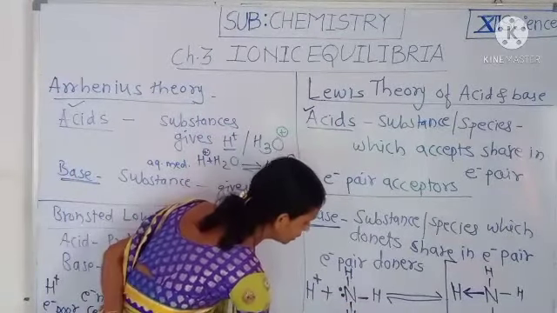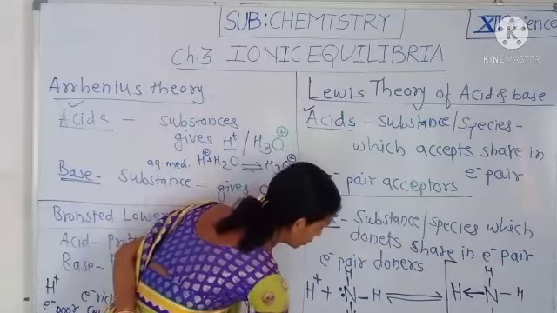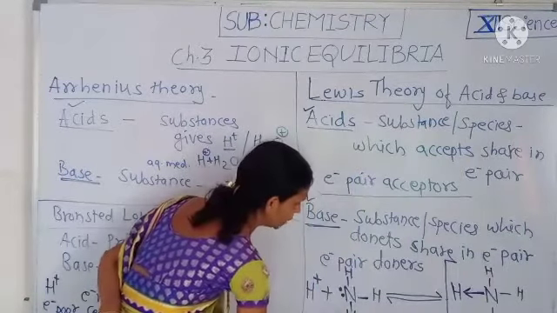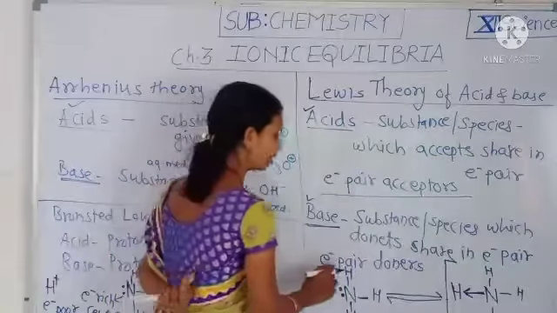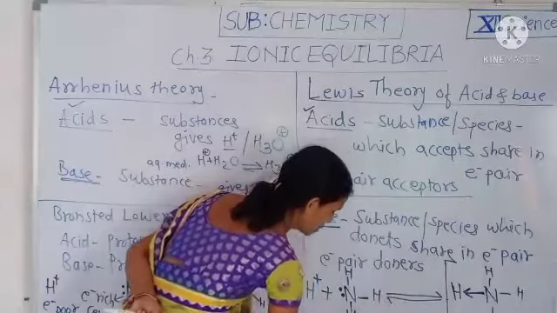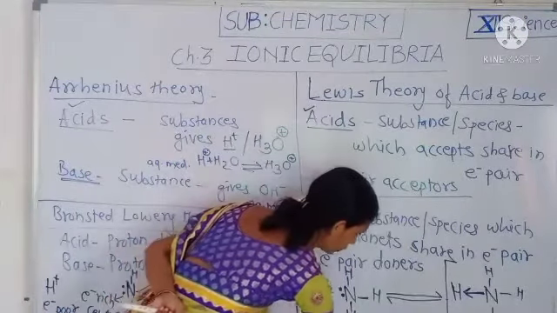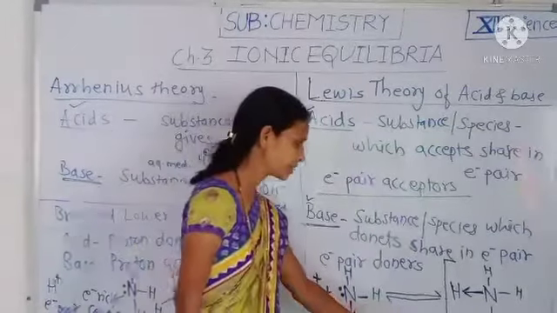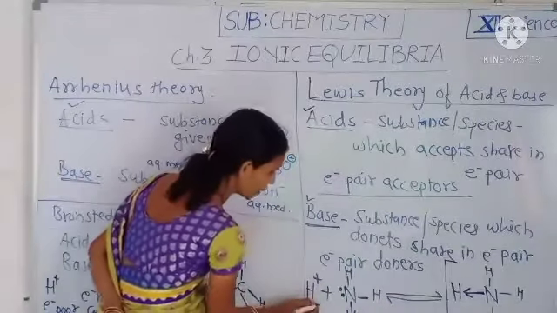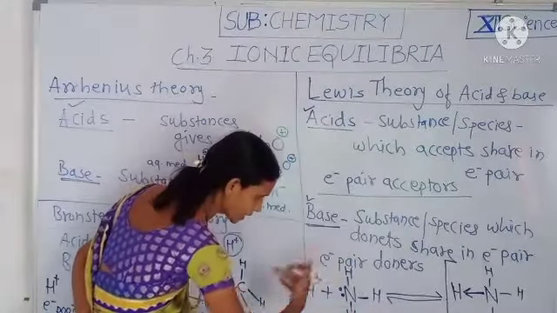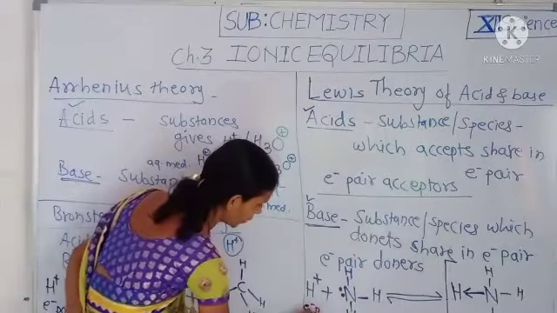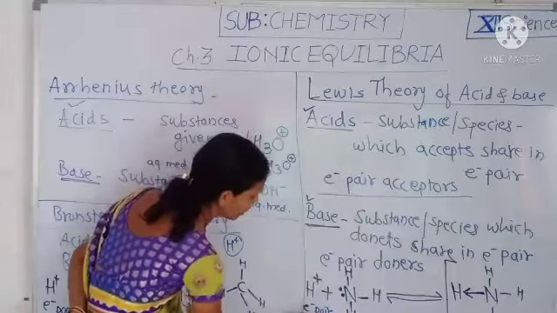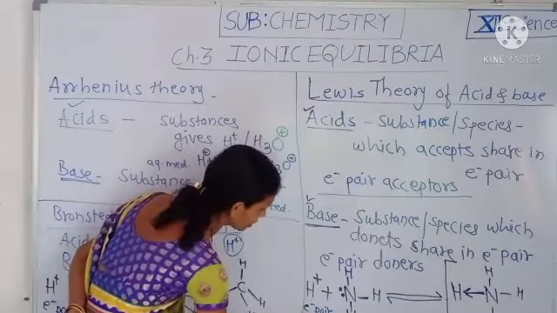Therefore ammonia is an electron pair donor species, and an electron pair donor species is known as a base. Therefore ammonia acts as a base, and the H plus ion, that is proton, accepts an electron pair from nitrogen of ammonia. Therefore, it is an electron pair acceptor.